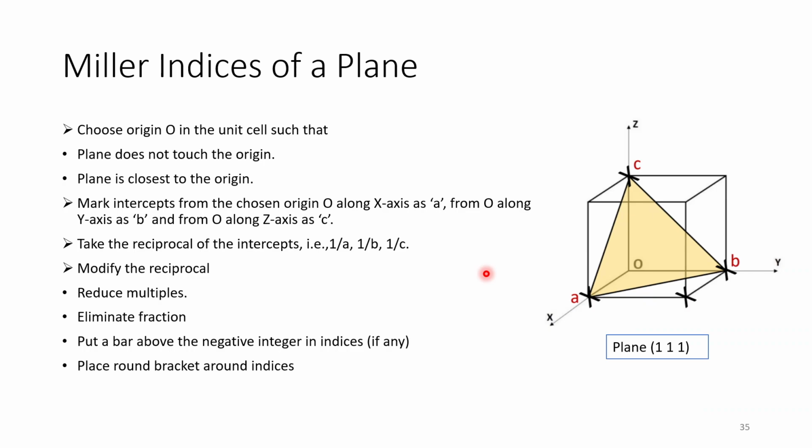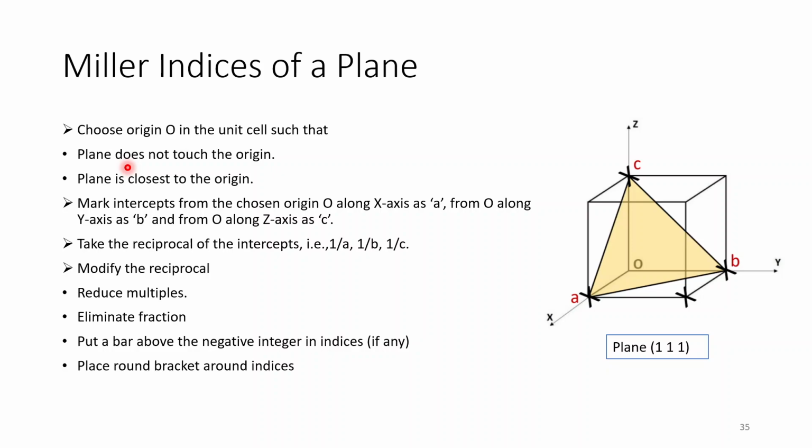Now Miller indices of planes. So in case of planes, first you choose an origin, O, in the unit cell such that the plane does not touch the origin and the plane is closest to the origin. Then you mark intercepts from the chosen origin along the x-axis, y-axis, and z-axis.